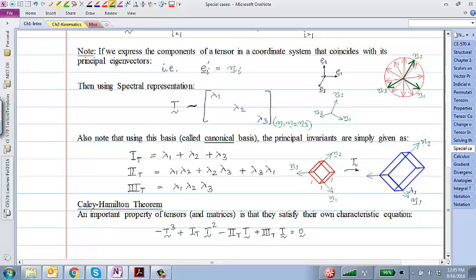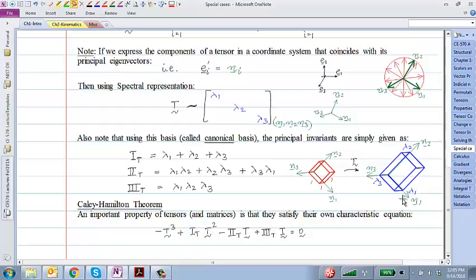Similarly, the direction for n2 and n3 would still remain the same, but the length of the side here would be scaled by lambda 2 and lambda 3. So each one of those sides of the cube gets scaled by lambda 1, lambda 2, lambda 3. Right? So if you were to plot the shape of the new cube, it would be some sort of a cuboid.